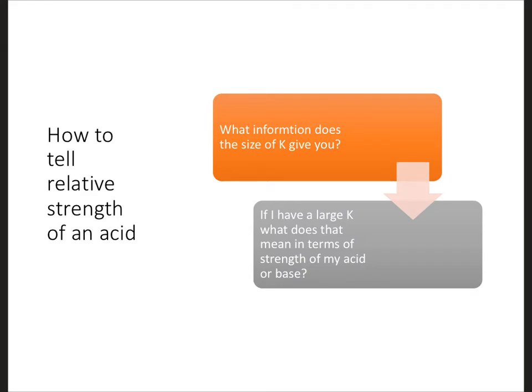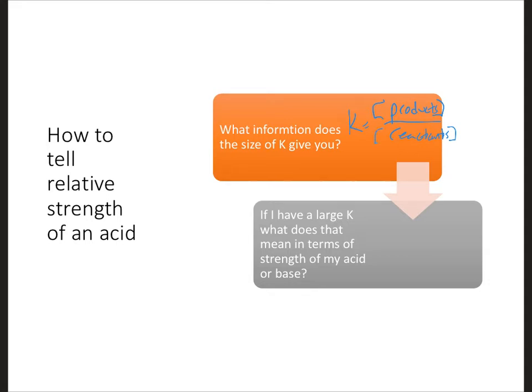So the information about K is telling us how many products over reactants, right? That was the whole purpose of us learning about those Ks. Any of the Ks is equal to the products over the reactants.